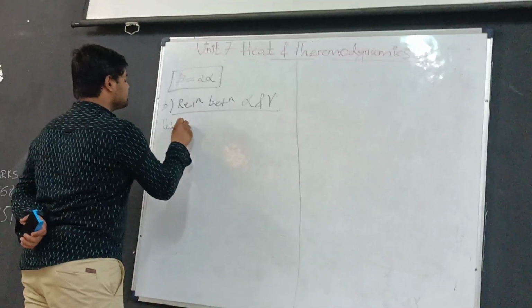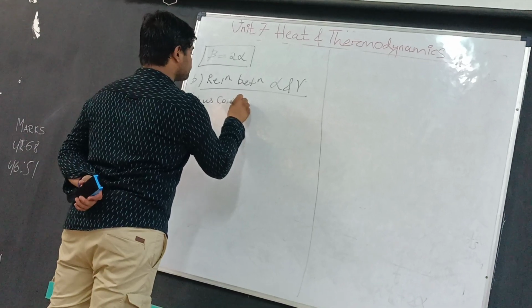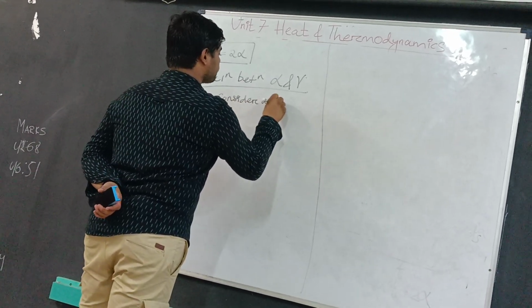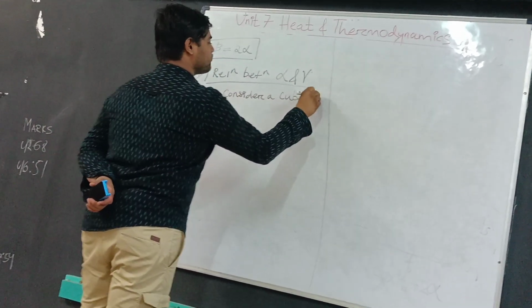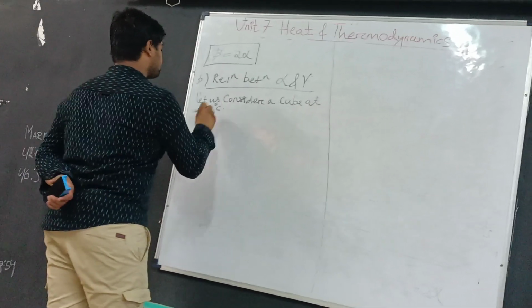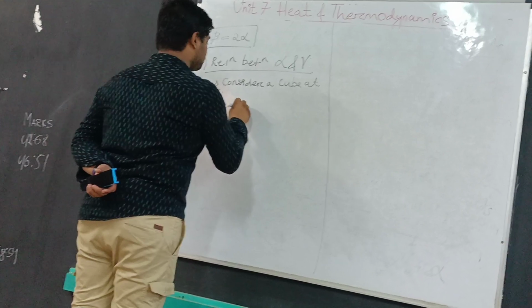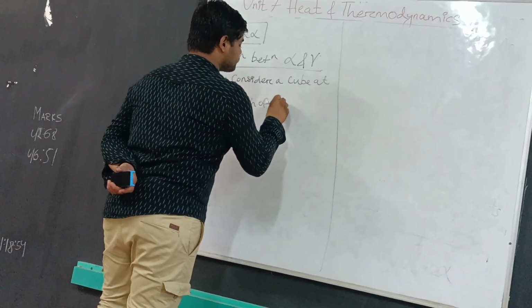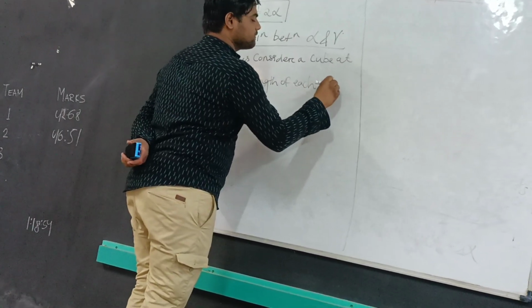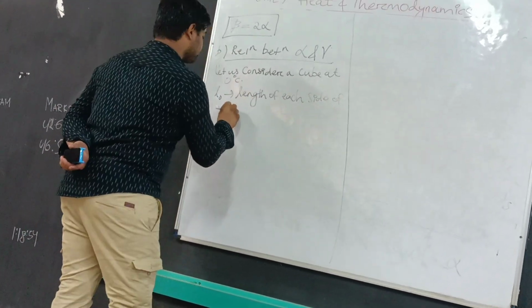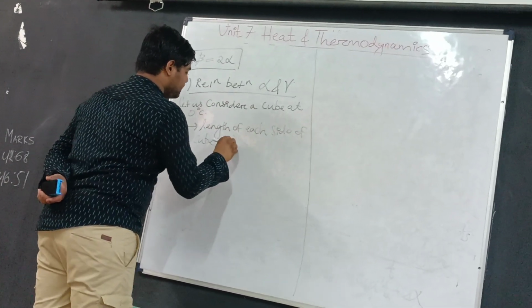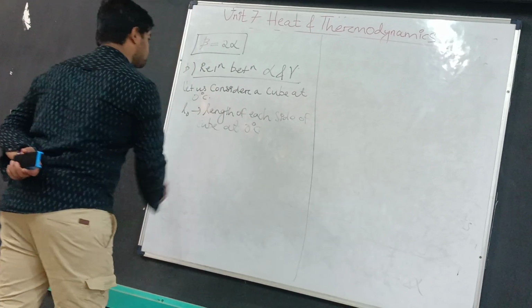Now let us consider a cube at 0 degree centigrade. So L0 will be the length of each side of the cube at 0 degree centigrade.